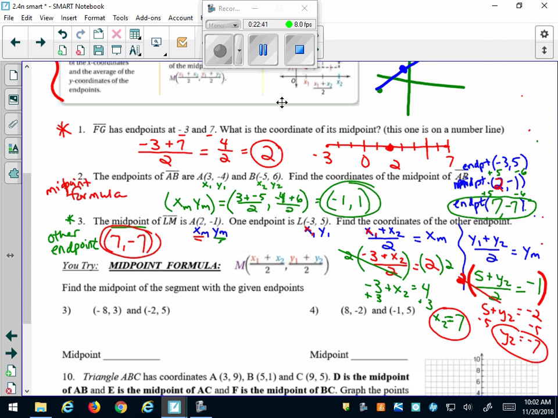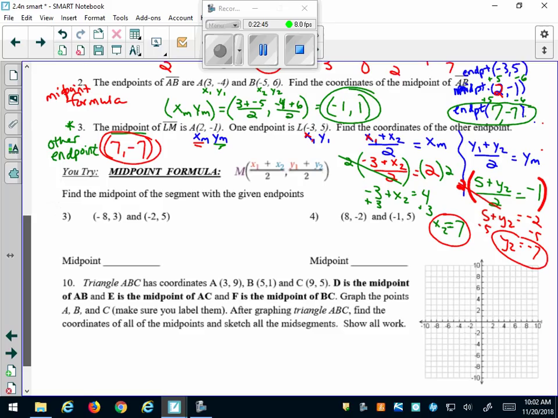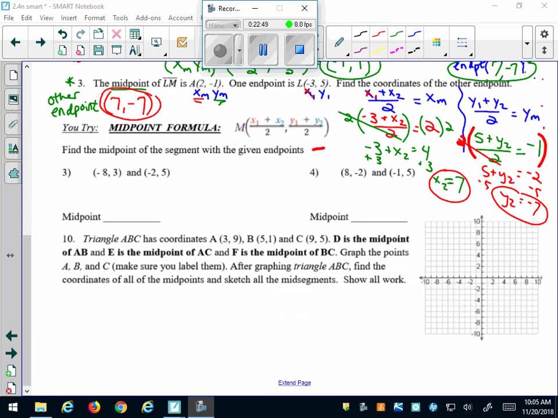Okay, so I'm going to have you try numbers 3 and 4 on your own. Okay, so this one should be negative 8 plus negative 2 over 2, and 3 plus 5 over 2. And that comes out to negative 10 over 2, which is negative 5. And 3 plus 5 is 8 over 2, which is 4.